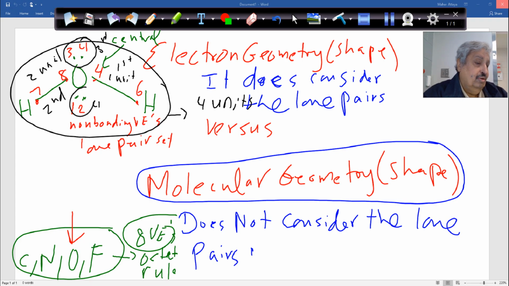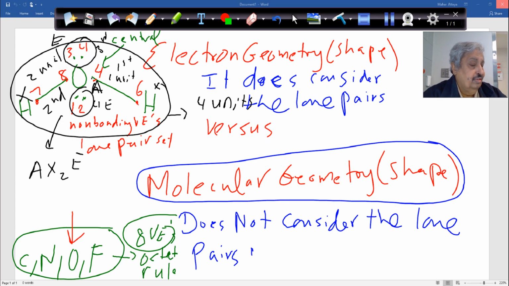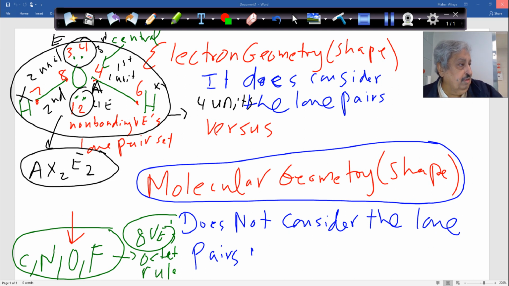The lone pair. So for the electron geometry of H2O, this is A, the central atom, and the terminal is X. The lone pair is E. So AX2E2: 2 terminals and 2 lone pairs. That's the VSEPR code or VSEPR formula.